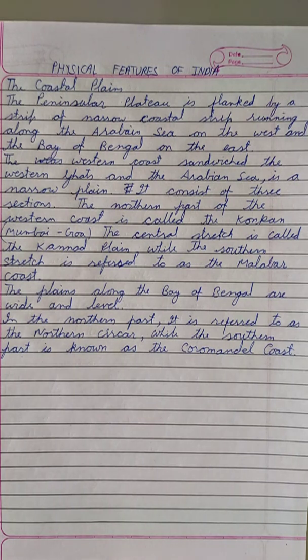So here we are able to see that the Indian coastal plain is divided into 3 and 2, altogether 5 divisions: the Konkan coast, Kannada coast, Malabar coast, Coromandel coast, and Northern Circars.